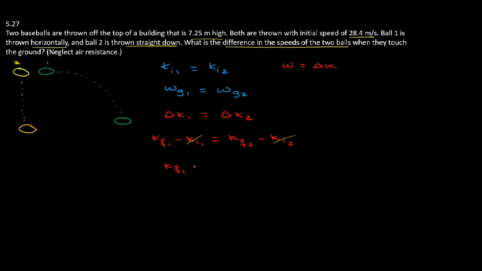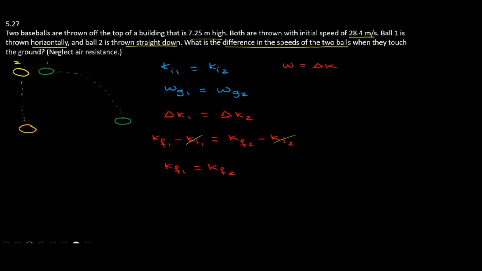So K final for the first ball is equal to K final for the second. Now, if the two balls are identical, meaning they have the same masses and the same kinetic energy, their velocities will also be equal.